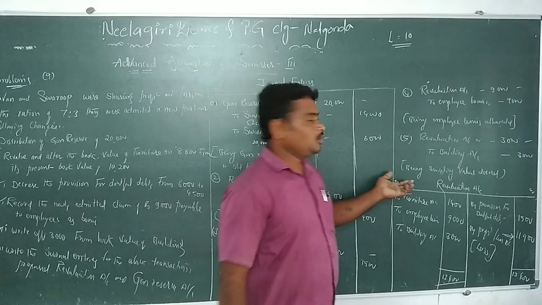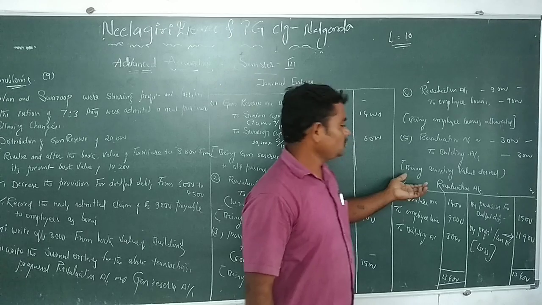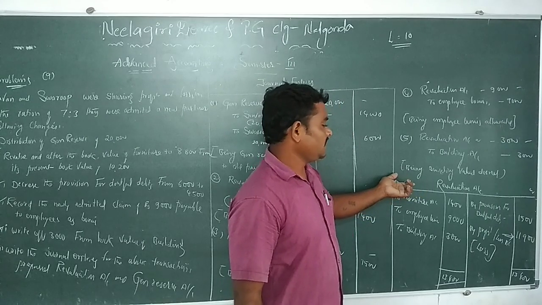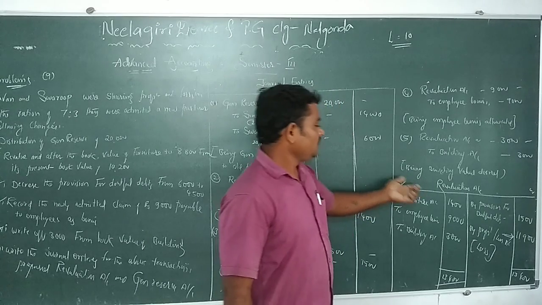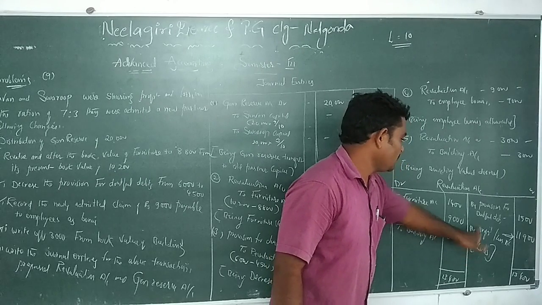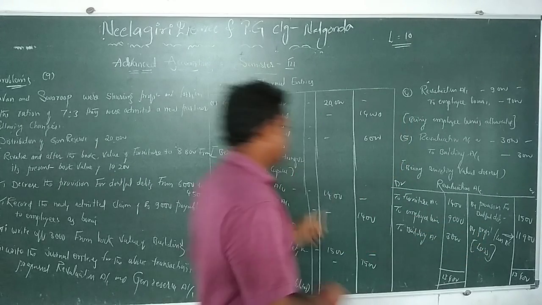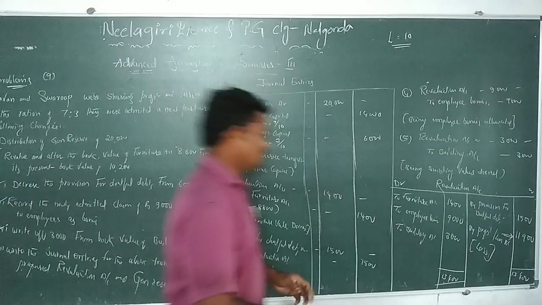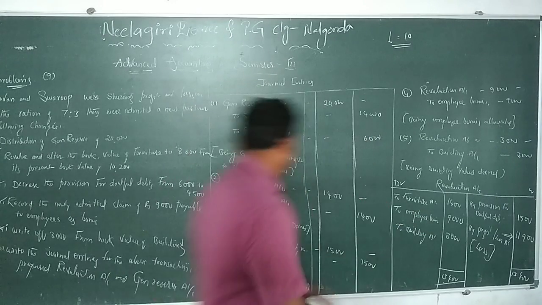The purpose of preparing the revaluation account is to find the profit or loss. Here we get only a loss in the revaluation account. What is the journal entry for the revaluation loss? Profit and loss account debit to revaluation account.